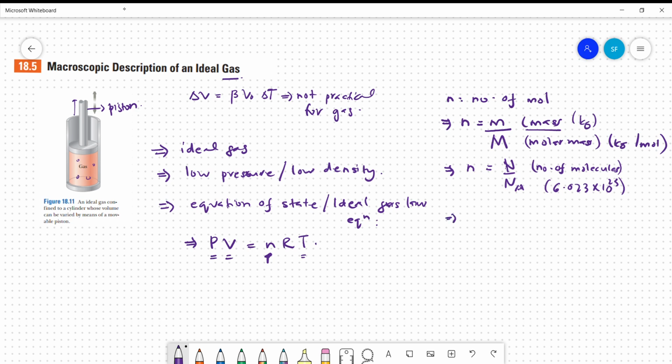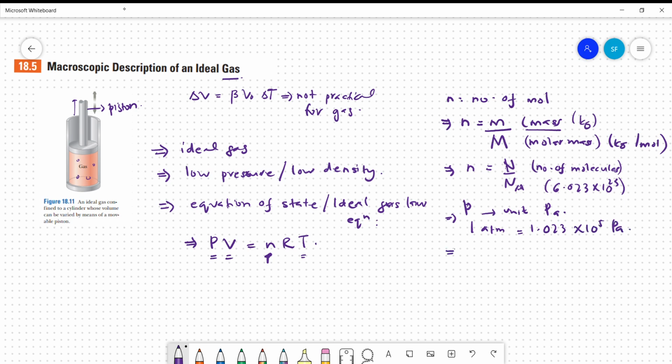As for the pressure in the ideal gas law equation, it must be in the SI unit Pascal. You need to know that 1 atm, since some questions give us pressure in atm, atmosphere, converts to 1.023 times 10 to the power of 5 Pascal.